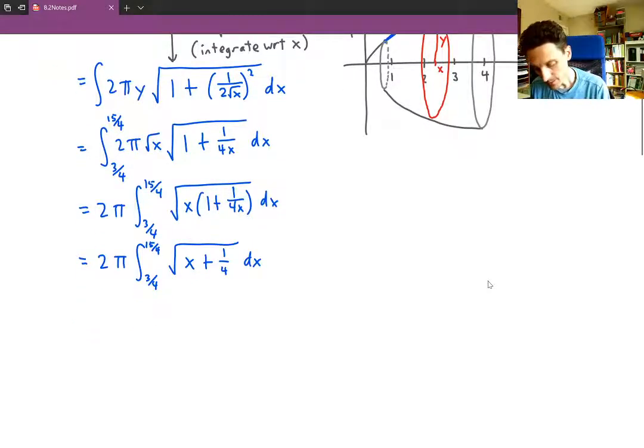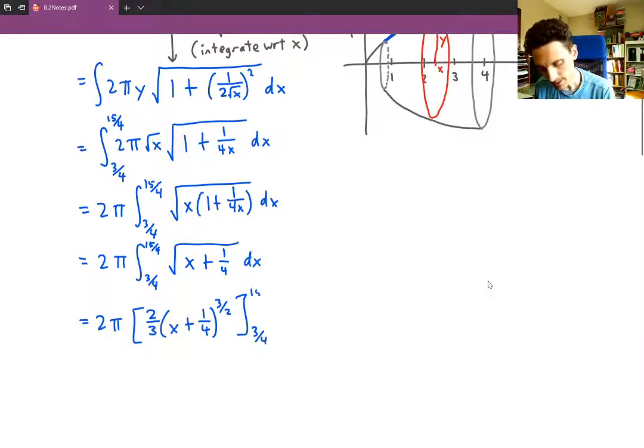And that's something that we can integrate. That one is x plus 1/4 to the half power, and we could do a little u substitution if we wanted to, or just do a mental u substitution, and we would get x plus 1/4 to the, let's see, 1/2 plus 1, that's 3/2. Divide by the 3/2, which is like multiplying by 2/3.